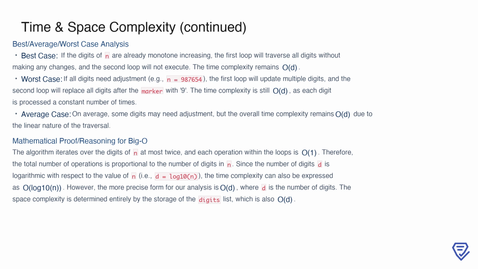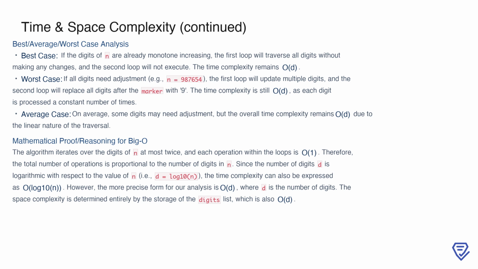On average, some digits may need adjustment while others do not, but the overall time complexity still remains O(D) due to the linear traversal. Mathematically, the algorithm iterates over the digits at most twice, and each operation within these loops is constant time, making the total operations proportional to the number of digits, d.